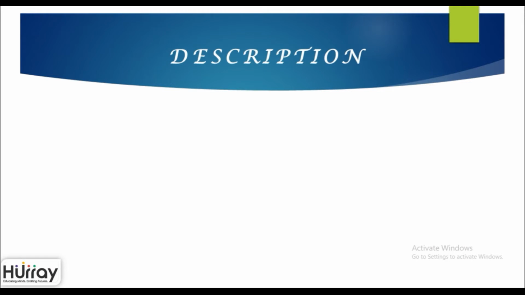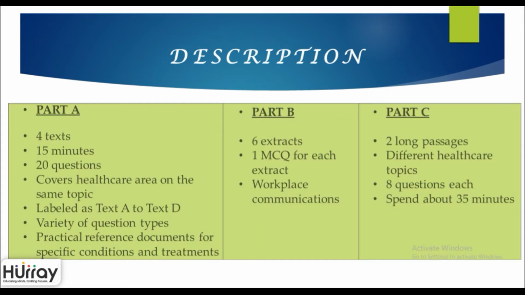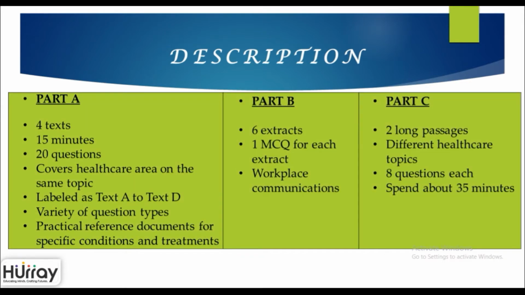Here is a description of what the reading subtest is basically like. In Part A, you are given 4 texts. A total time of 15 minutes is given to complete this particular section, and you are given 20 questions.